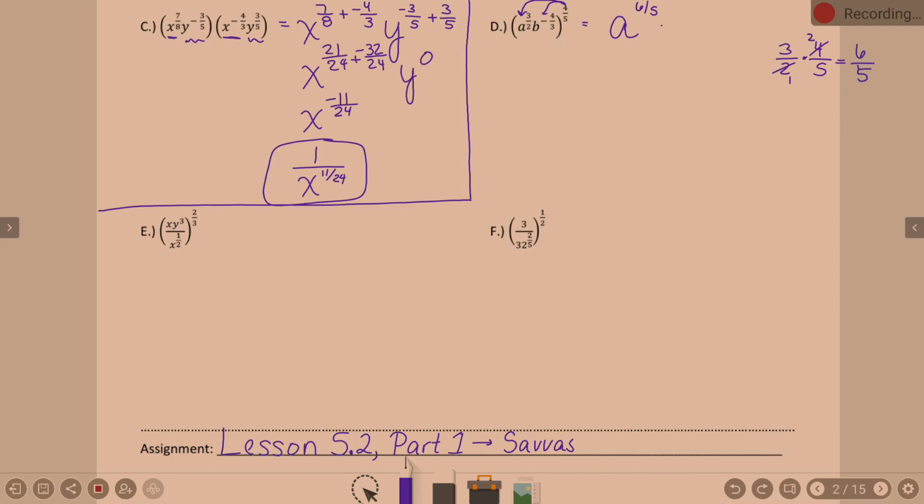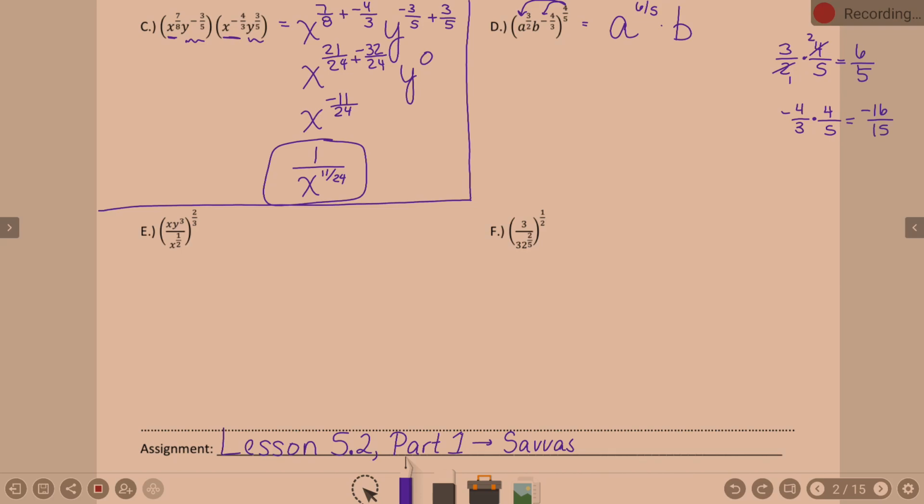And then B. What are we doing on B? Negative 4/3 times 4/5. I don't have any cross canceling here. So I'm just going to multiply straight across.